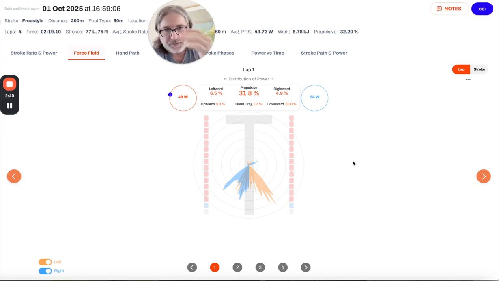So instantly we see perfect upward, not a problem there, but we are generating some hand drag. And the problem with that hand drag, even though it's only small, is the turning up of the fingers. When you get to the end of the glide, if you've got your hand in that position, it's going to have to travel downward further before you're able to get the elbow up and into that high elbow catch, which you need as a distance swimmer.